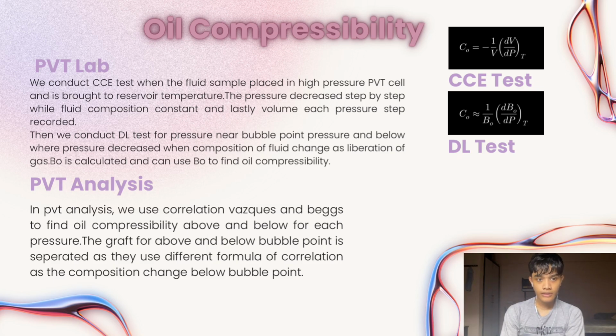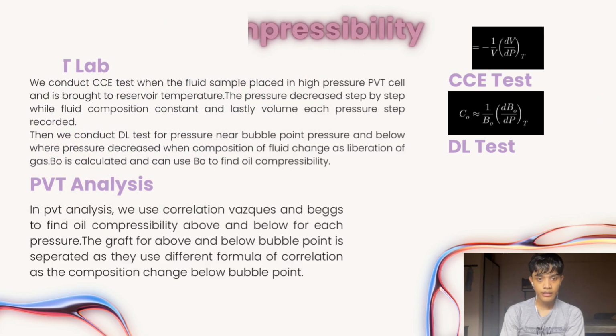For the PVT analysis, we use the Vasquez and Beggs correlation to find the oil compressibility above and below the bubble point, and then we plot a graph of the PVT lab measurements and the correlation. The graphs for pressure above and below are separated as we use different correlations.